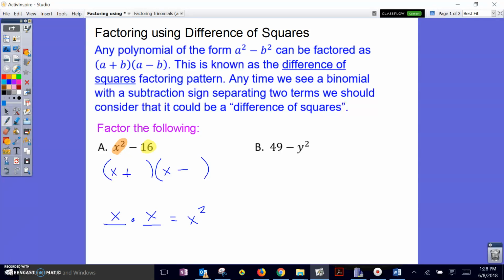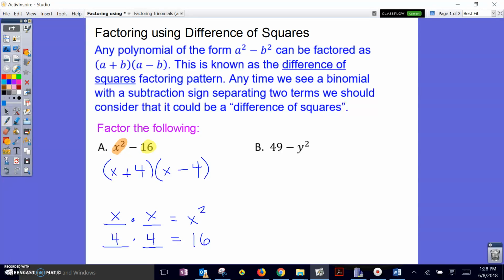And then the second question we have to ask ourselves is what times itself gives us 16? The answer to that is 4. And so I'm going to fill 4 into both of these. And there's the factorization of x squared minus 16. You could quickly verify this by multiplying those two polynomials out, and you would see that when you simplify, you end up with x squared minus 16.